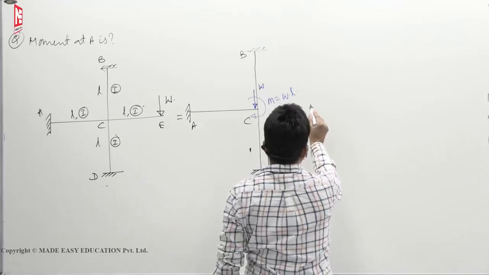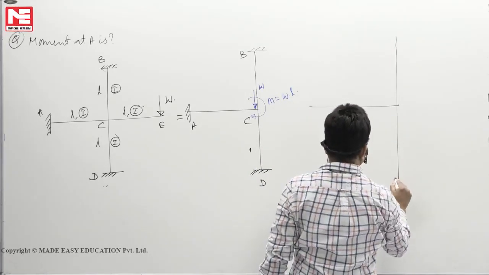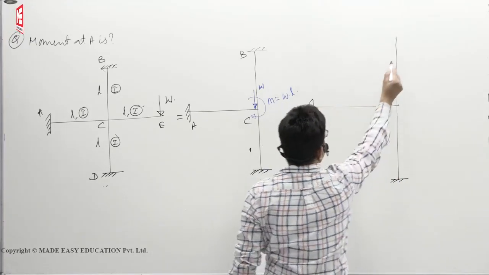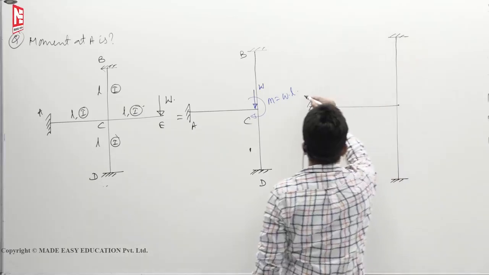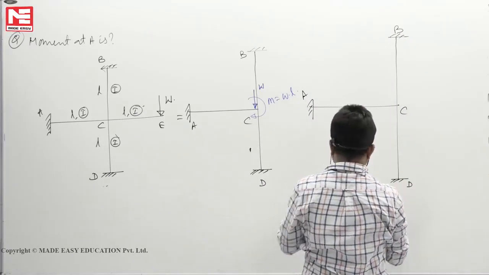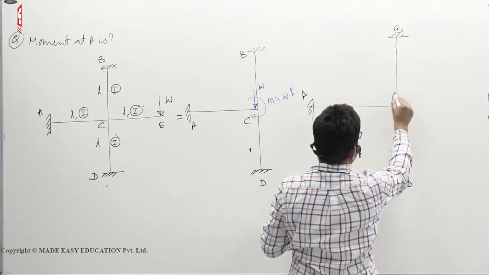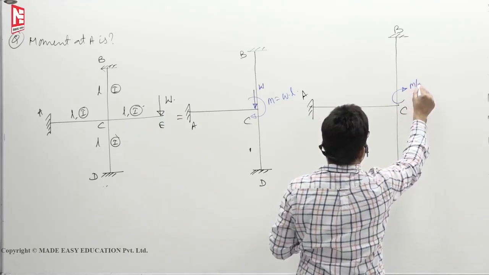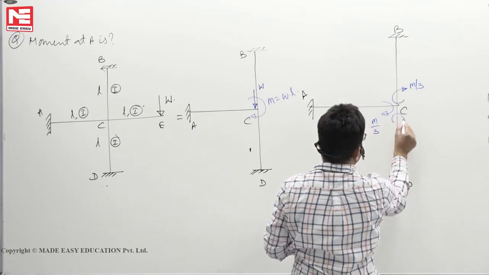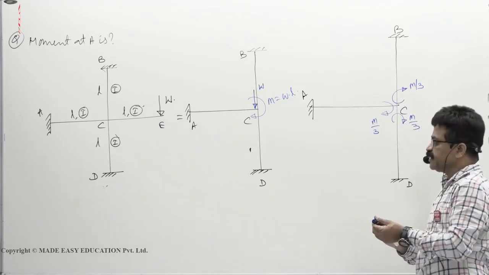If I see this one, at points A, B, C, D, out of M, this member will take M by 3, this will take M by 3, and this will also take M by 3. In this ratio, it gets distributed.